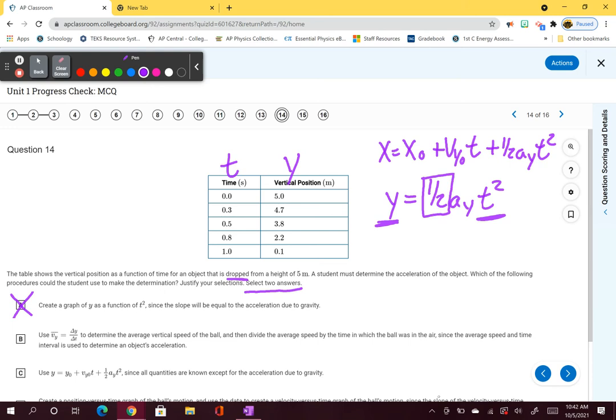B says use Vy equaling your change in y over change in t to determine the average vertical speed of the ball, and then divide the average speed by the time in which the ball was in the air, since the average speed and time interval is used to determine the object's acceleration. Okay.